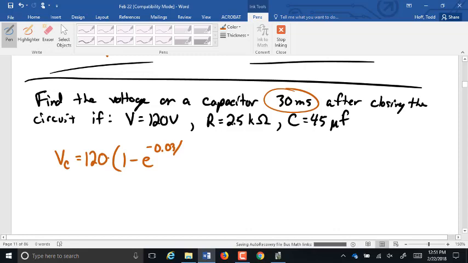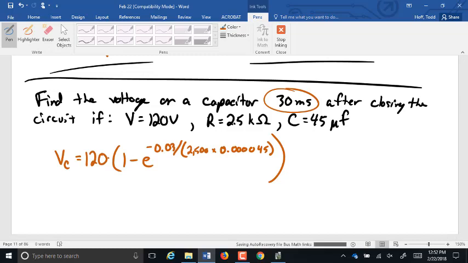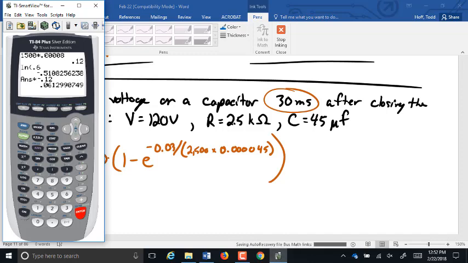So negative 0.03 over tau, which is R times C. So I'm going to put this in parentheses. That's going to be 2,500 times 0.000045, correct? Does that look right? So now all we have to do is throw this into the equation. So 120 times parentheses 1 minus, we do second ln to get e to the power of.